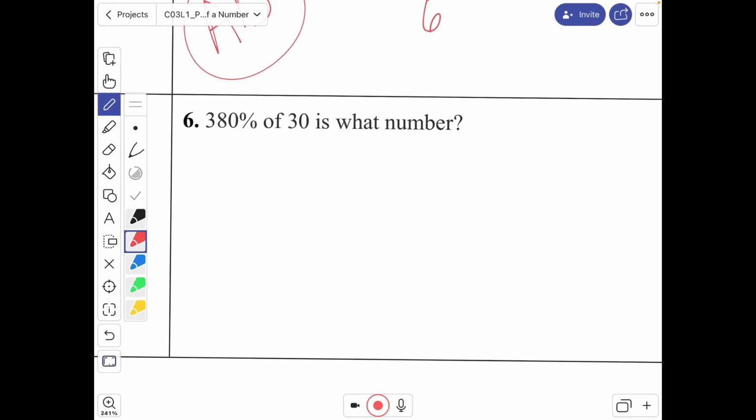Number 6. 380% of 30 is what number? And yes, sometimes they are more than 100%. Like when stores are marking up prices, they go more than 100%. We still move the decimal 2 spaces, so that would be 3.80 times 30. I might drop that last 0 there because it's behind the decimal. So this is 3.8 times 30.